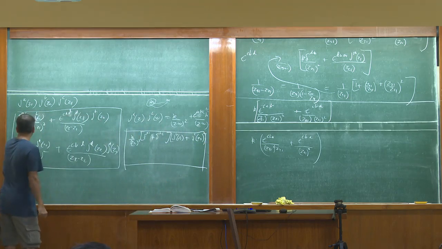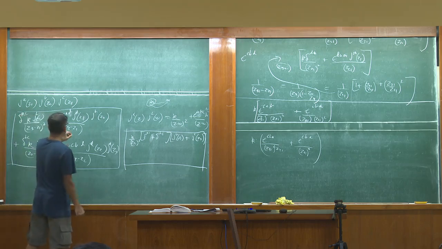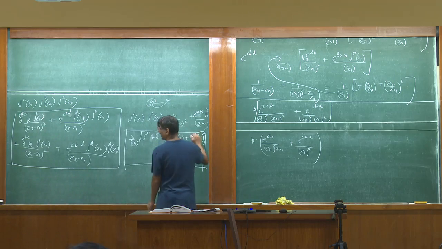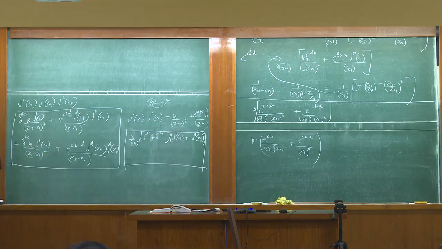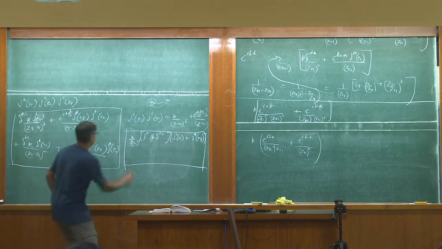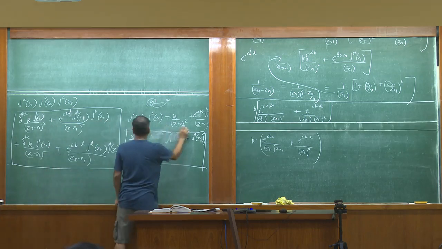J B of Z1 and J A of what? Right? Is this right? Thank you. Delta.